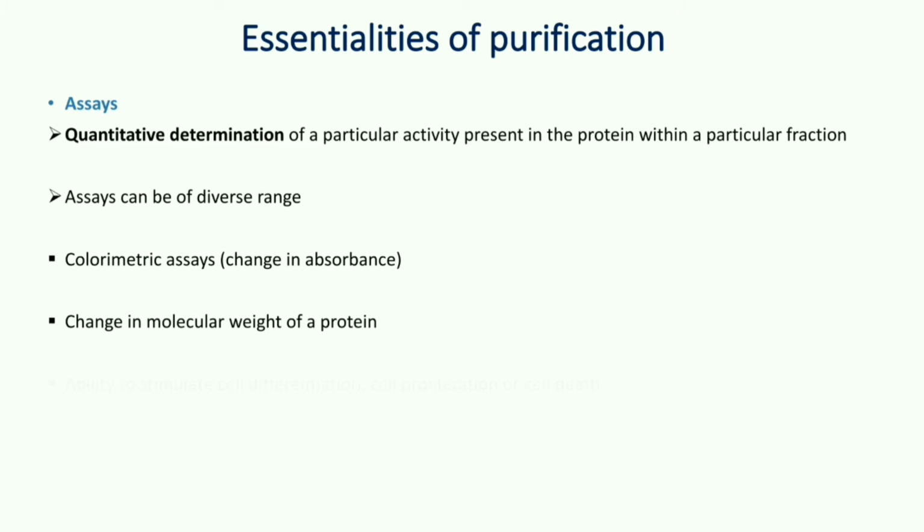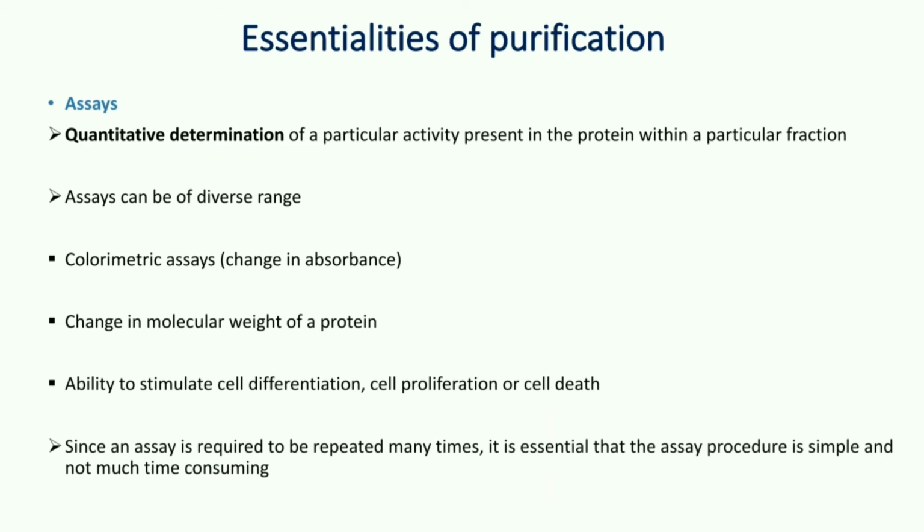One can perform an assay for determination of molecular weight of a protein, like you can use SDS-PAGE in this technique. Ability to stimulate cell differentiation, cell proliferation and cell death can also be used as parameters for assay. Since an assay is required to be repeated at least 2 to 3 times, it is essential that the assay procedure is quite simple and not very time consuming.